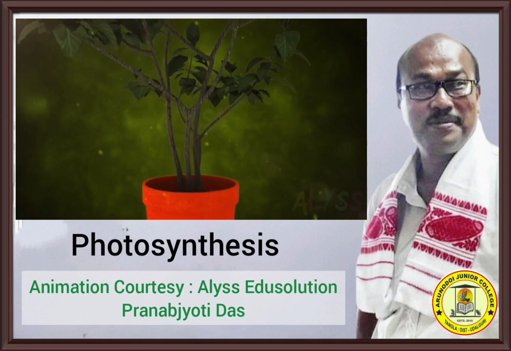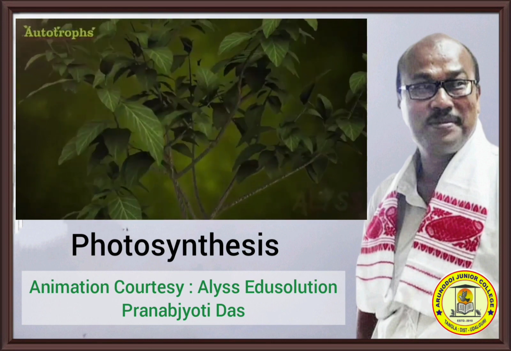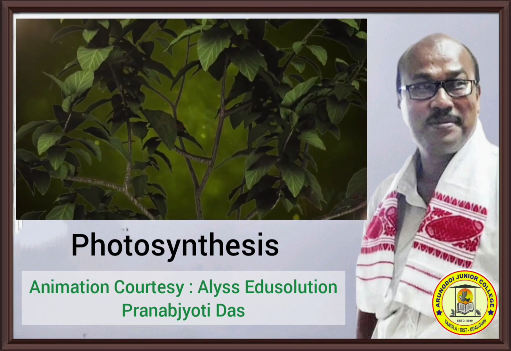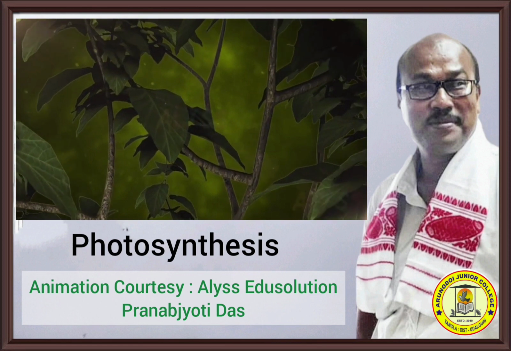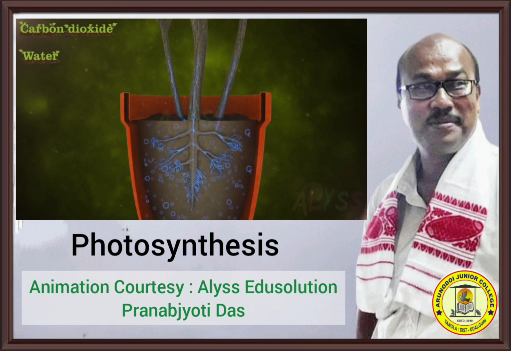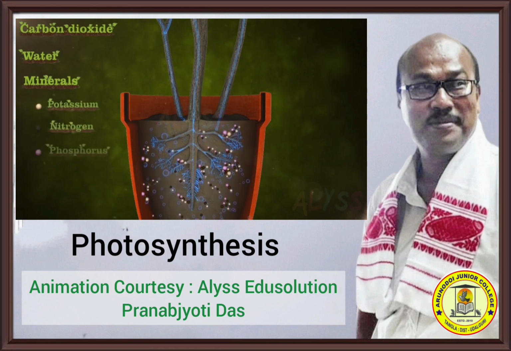Green plants can make their own food. That's why they are called autotrophs. To carry out this complex process, plants use simple inorganic substances like carbon dioxide, water, and minerals like potassium, nitrogen, phosphorus.